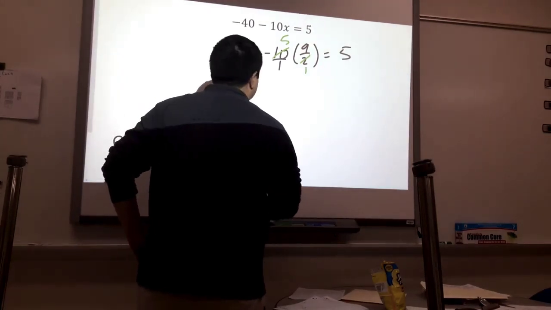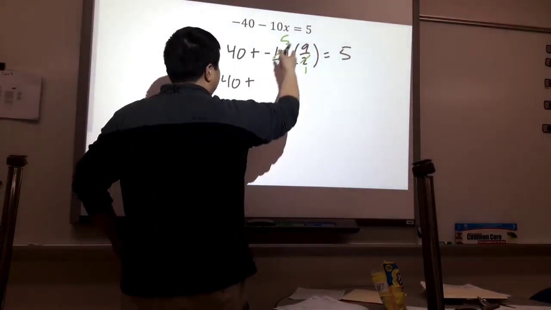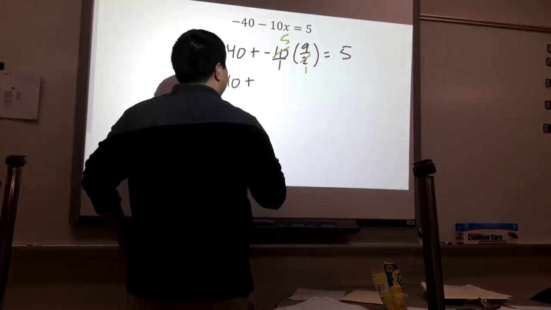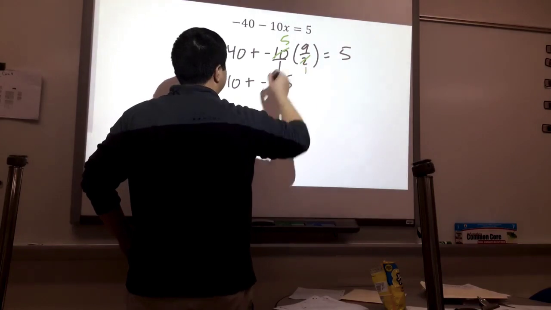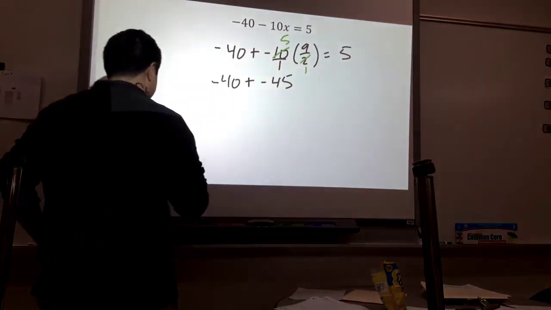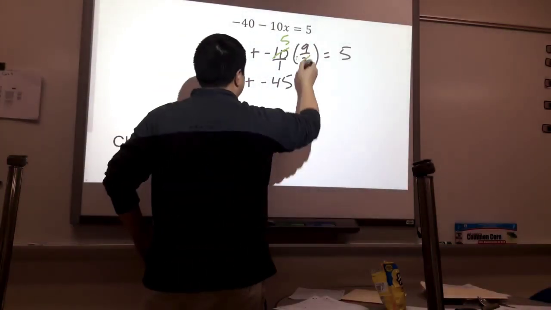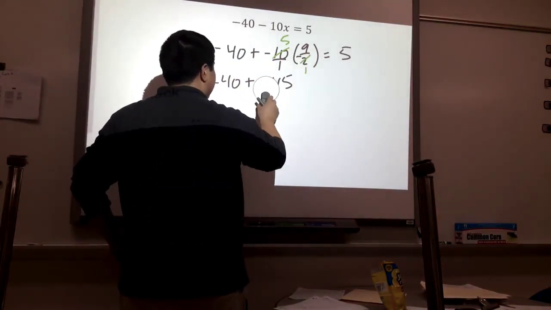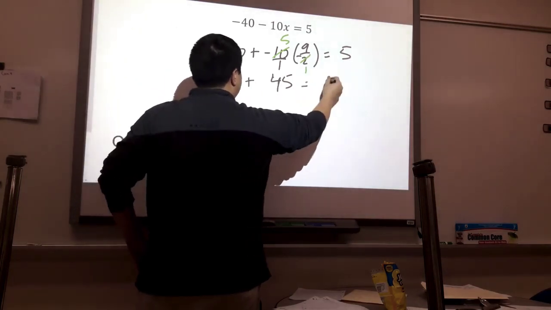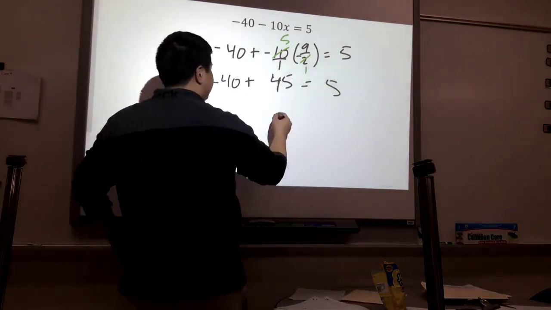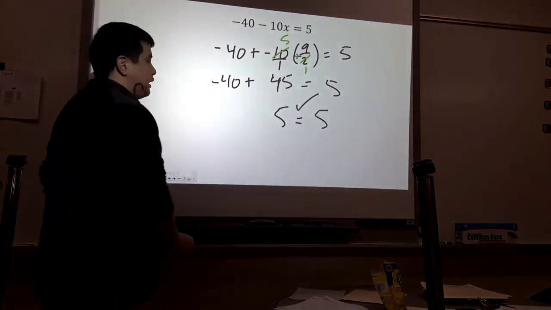That means we have negative 5 times negative 9, which is positive 45. So we're going to have a positive right here. Negative 40 plus 45 is in fact 5. And we did it correctly.